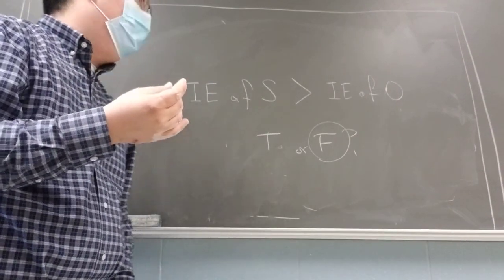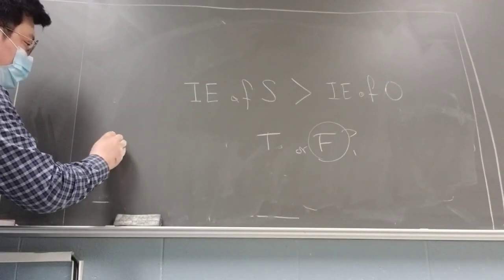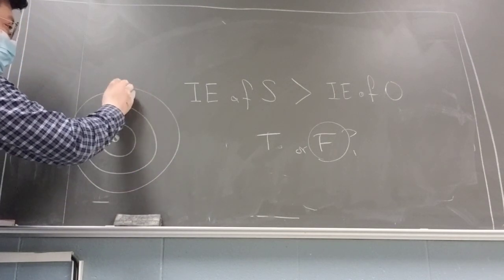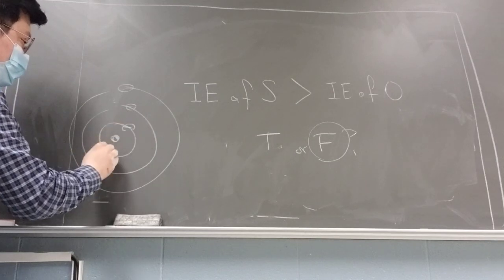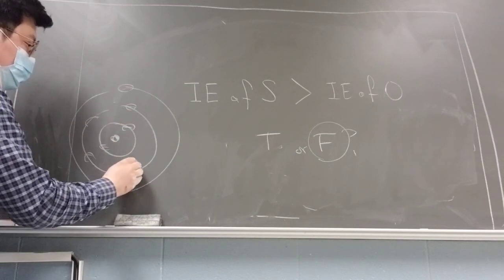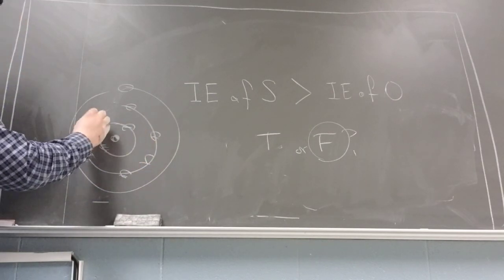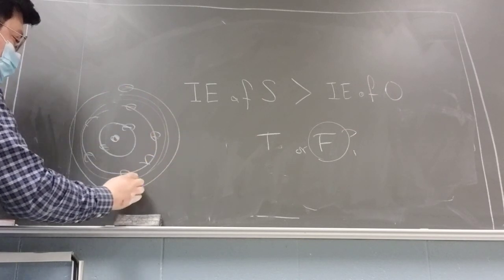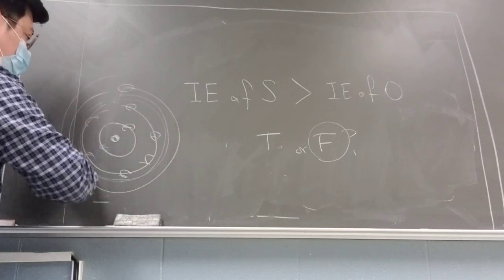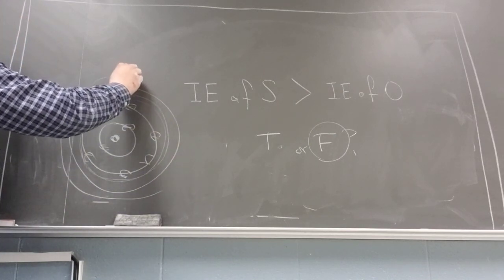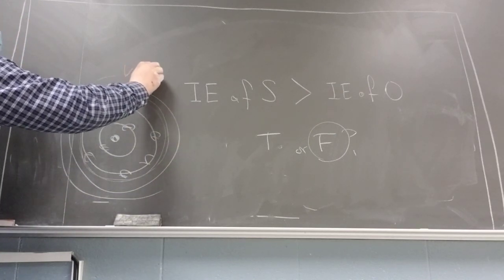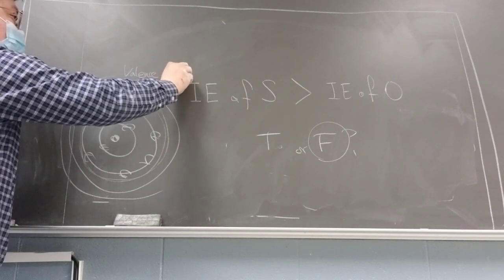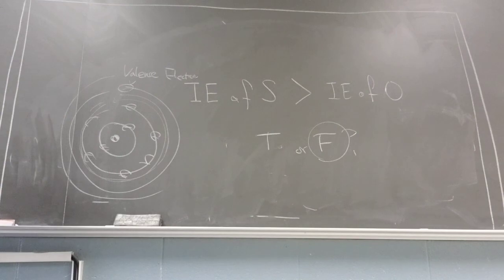Because think about it. Whenever you have atoms with some electrons here, we call them inner electrons because they're in the inner shell, and the ones on the most outer shell are what we call valence electrons. Do you guys remember this? Valence electrons, which can be used for making covalent bonds.